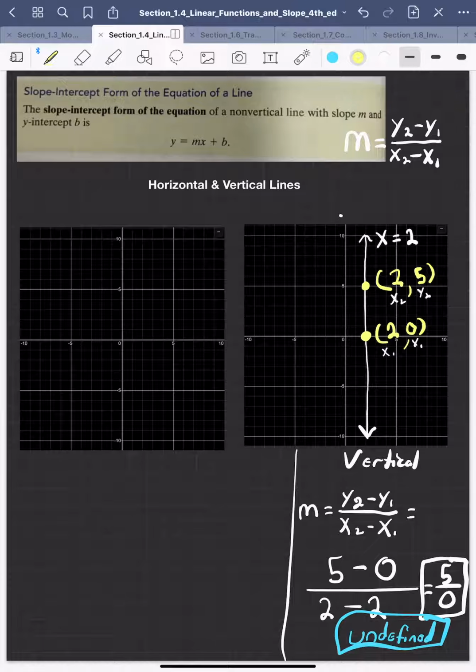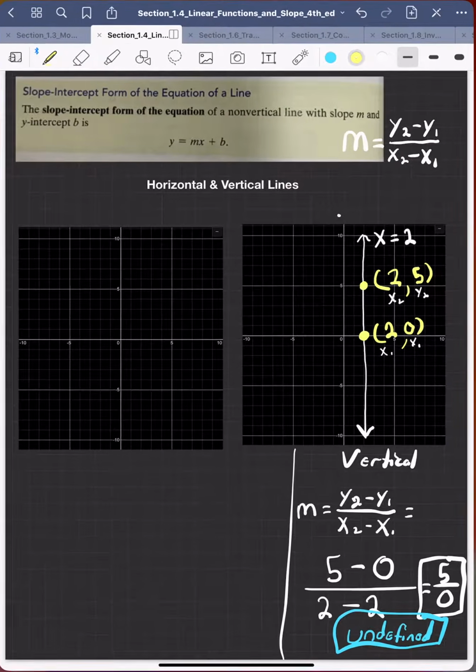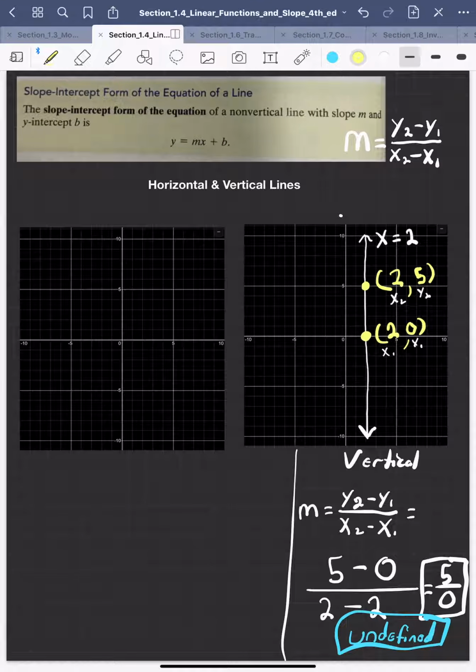What I found, at least from my experience, is when I was in middle school, high school, my teachers would make statements like you can't divide by zero.